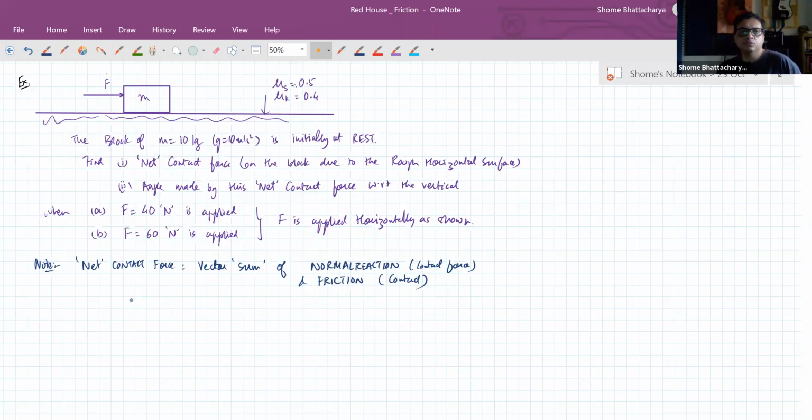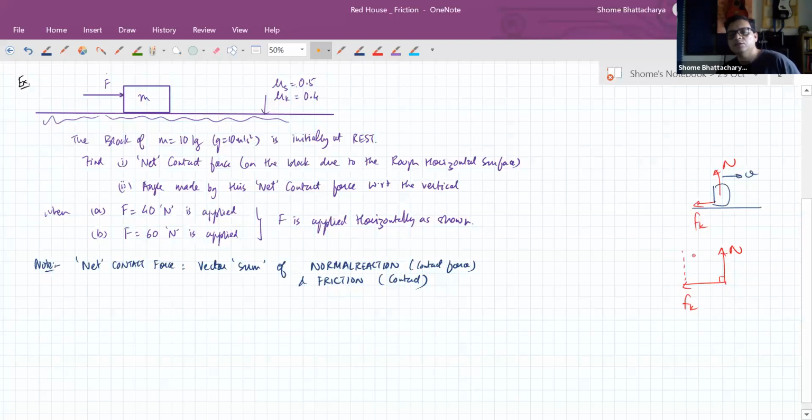Okay, the concept is clear from what I'm saying. The net contact force is the vector sum of friction and normal reaction. So suppose a body is sliding in this direction, and there is a certain amount of friction acting, say kinetic friction in this case, and a certain amount of normal reaction, then the net contact force is the vector sum of these two things. They will always act perpendicular to each other.